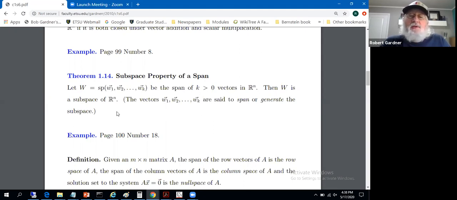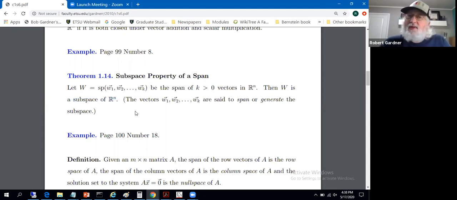Then the claim is W is a subspace of Rn. So they're claiming that spans of non-empty sets of vectors are subspaces. Okay, so one way I could give you a vector space is give you a basis. According to this, I could also give you a vector space, well, a subspace of Rn, that's the only kind of vector spaces we've dealt with so far, by giving you a spanning set.